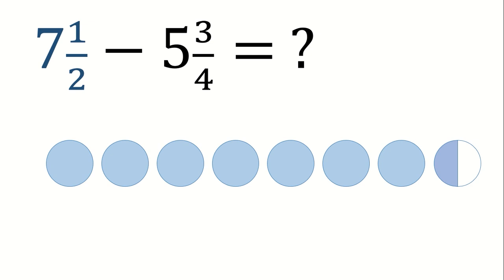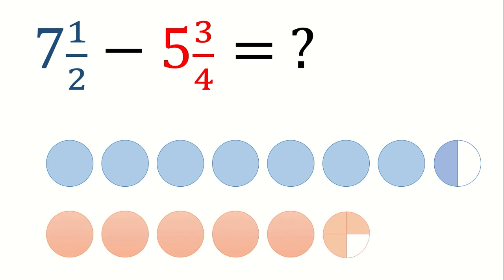Then we can draw the 5 and 3/4. So we can draw 5 circles. Here I just read the fraction, and to distinguish it I draw the red circle.